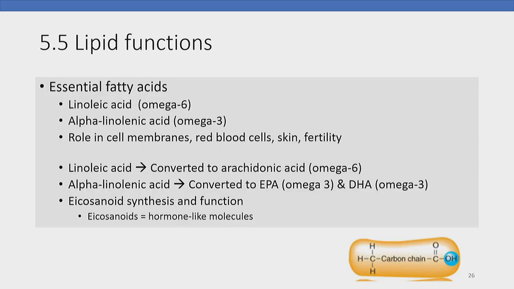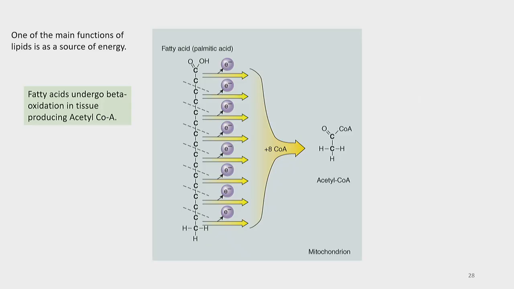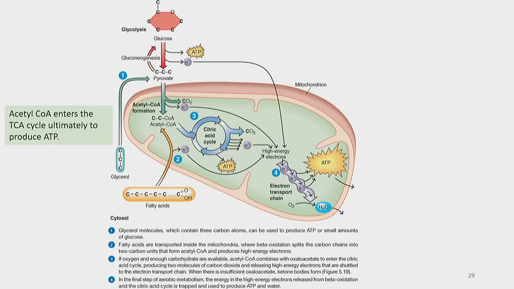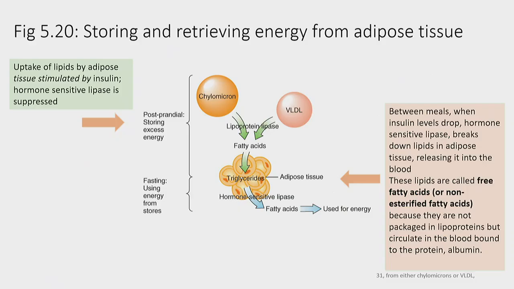Then we talked about different functions of lipids, especially omega-3 and omega-6 that produce eicosanoids, especially omega-3, whose eicosanoids play an important role in suppressing inflammation. This is important. And this is beta oxidation, and here we talked about how, when we don't have carbs, the fat produces ketone bodies, and we reached this point.